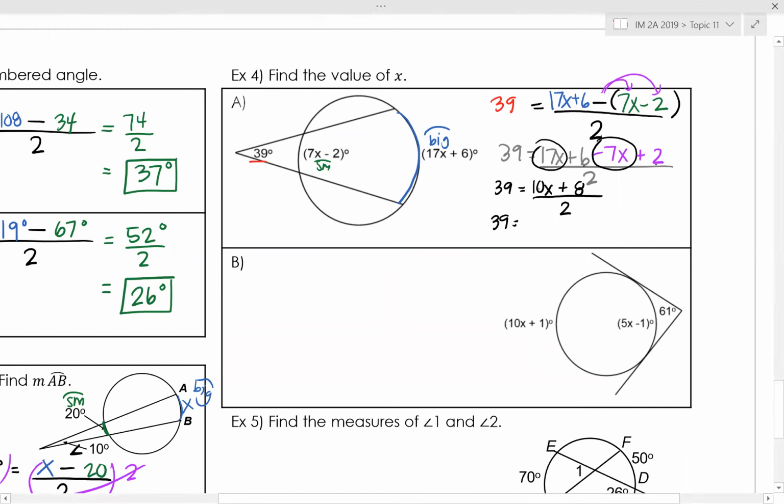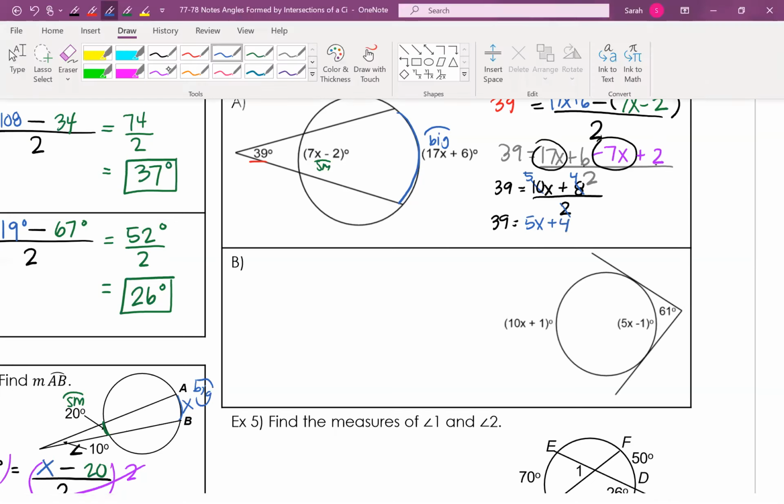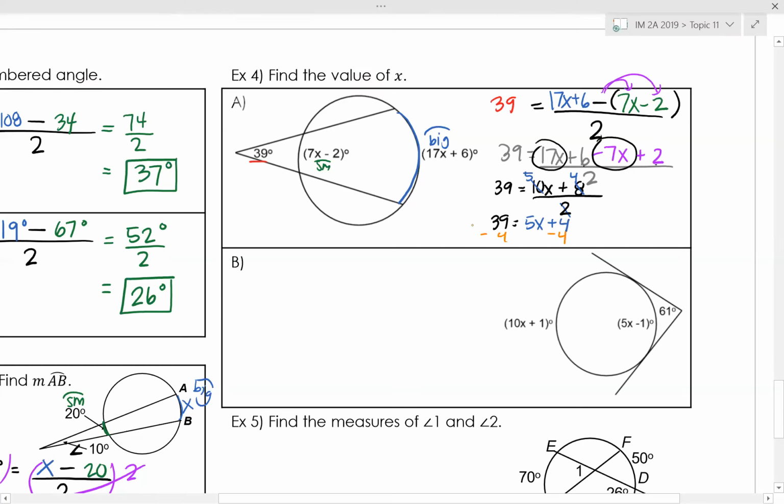So if I divide 10 by 2, that's going to give me 5, but I have to also divide the 8 by 2. So that's going to give me 5x plus 4. And then I can subtract 4 from both sides, which gives me that 5x is equal to 35. And so then dividing by 5 gives us a value of 7 for x.